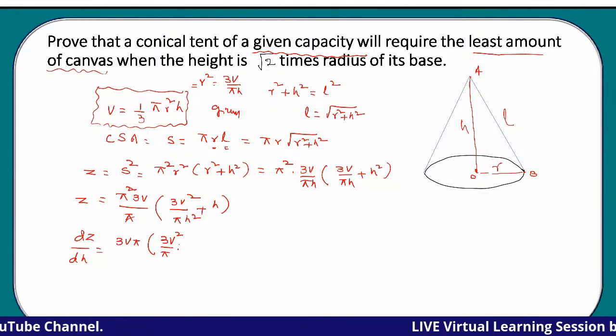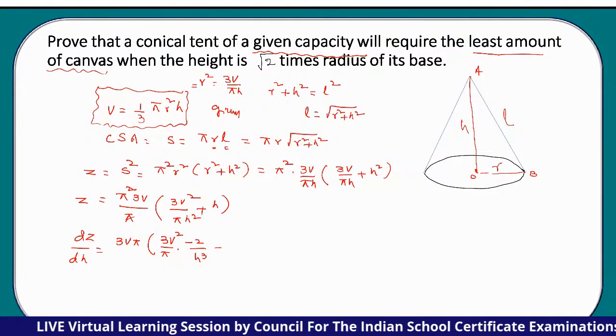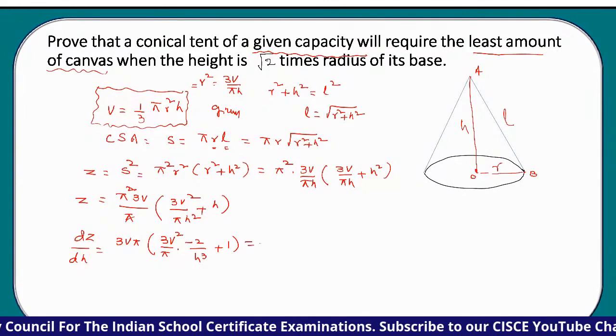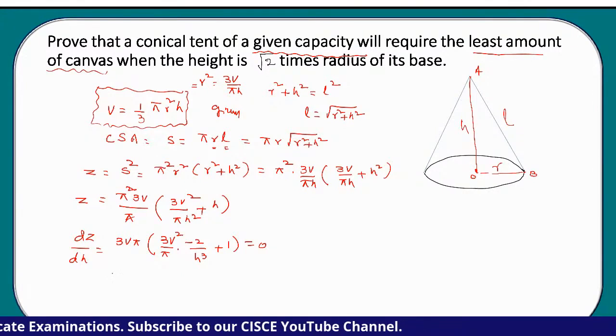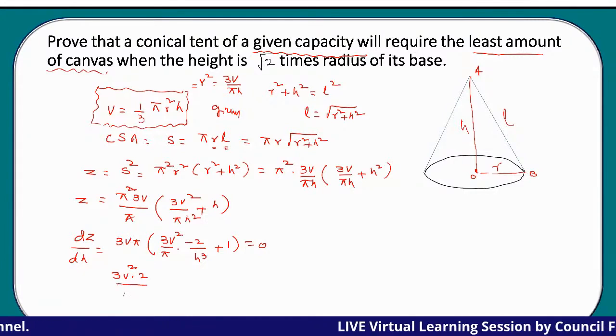The derivative of 1 by h square is minus 2 by h cube plus the derivative of h is equal to 1. If you equate to 0, you get the result 3v square into 2 by pi h cube equal to 1.